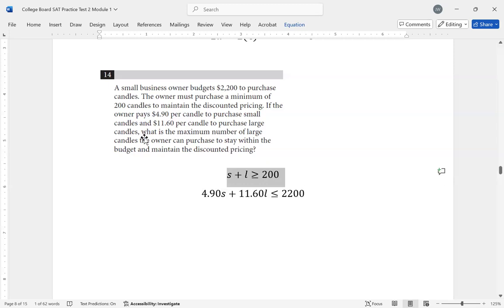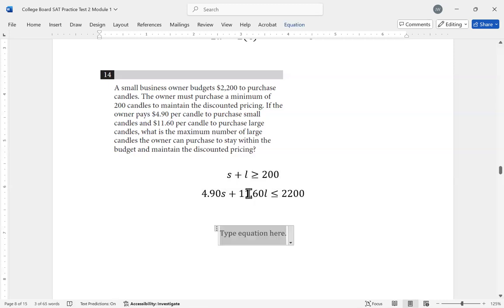Now, it's only asking us about large candles. So the trick to this problem is that we're going to solve both of these inequalities for S. Once I do that, I will just have S on one side of the inequality. So let's go ahead and do that.